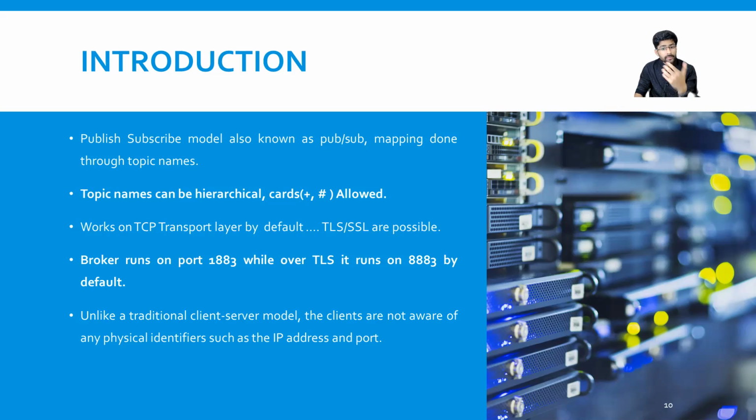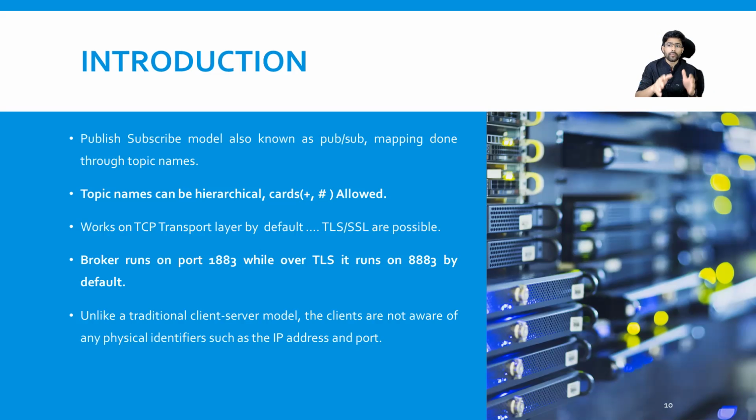Topic names can be hierarchical, like the file folder structure that you see in Unix based systems. Say you have created a folder, say IoT data. Inside IoT data, you can have a temperature sensor. Inside temperature sensor, you can have Pune region, and then in Pune region, you can have the exact data.